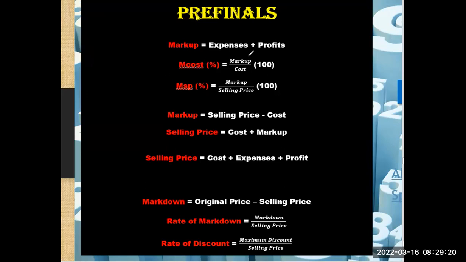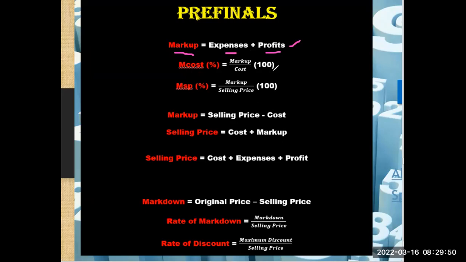So, start tayo. Markup is equals to, so pagsasamahin mo lang for you to get or to compute for the markup, all you have to do is to add expenses plus profits. Okay? This one, the markup based on cost. So, kunin mo lang yung markup divided by the cost and then you multiply it by 100.